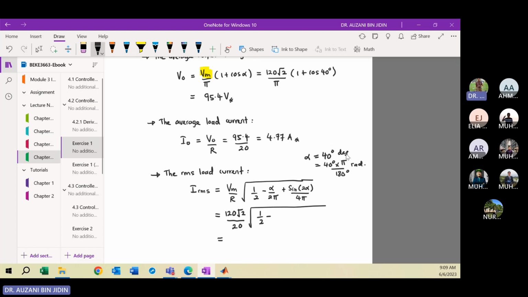So this one is in degrees. Then you calculate alpha in radian.